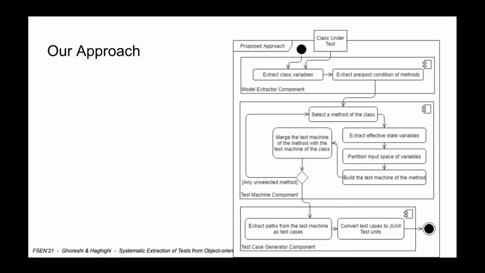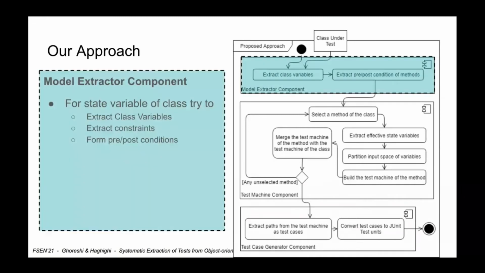The figure shows the proposed approach in the form of an activity diagram. The approach starts with a class in Java, called the class under test, as an input. The first component, called the model extractor component, handles the extraction of class state variables as well as preconditions or postconditions of methods.